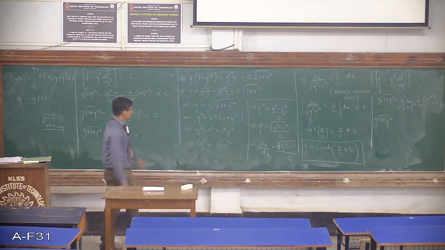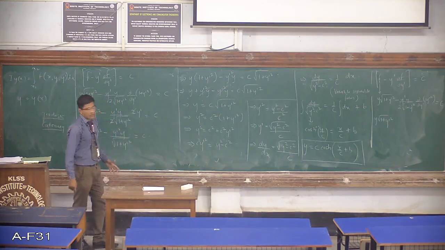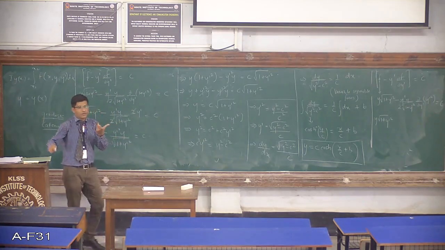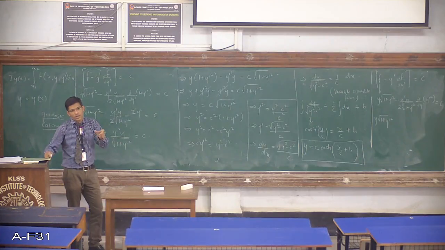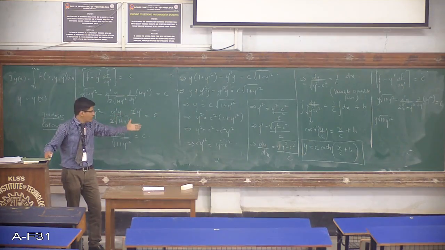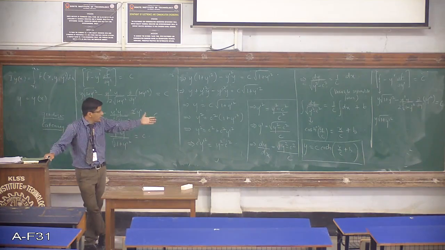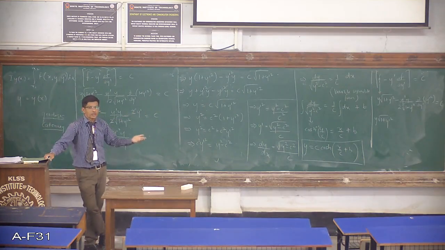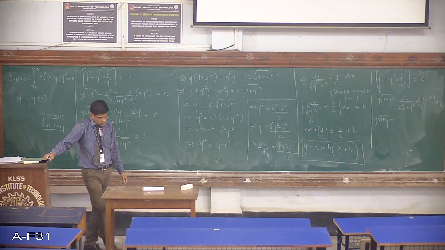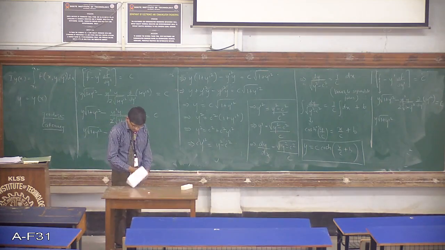So this was all simplification. As I said, take a functional, then take whichever Euler's form is convenient for you, and then you arrive at an ordinary differential equation, and then you apply certain tools and techniques to evaluate it. So this is the equation of the catenary.